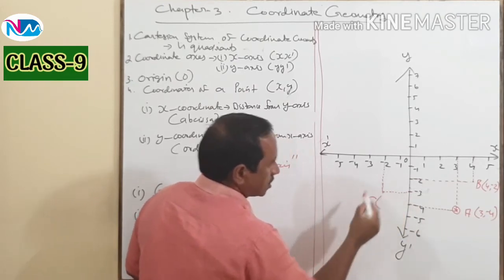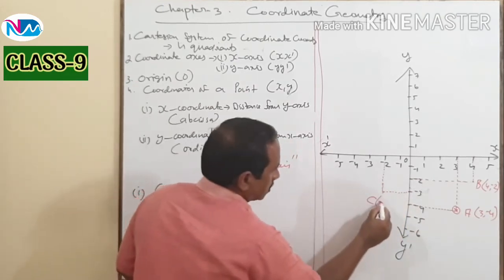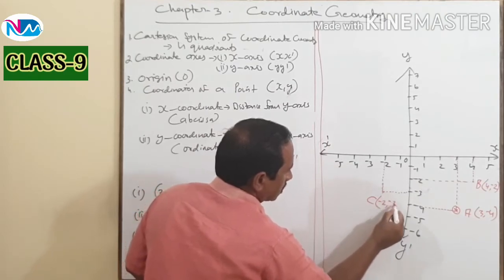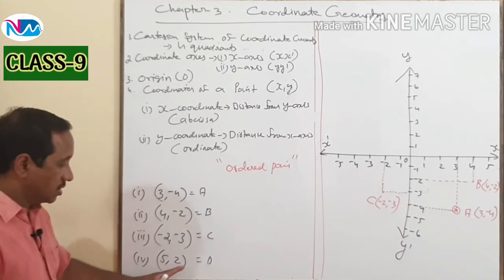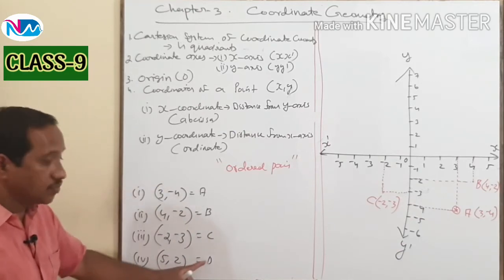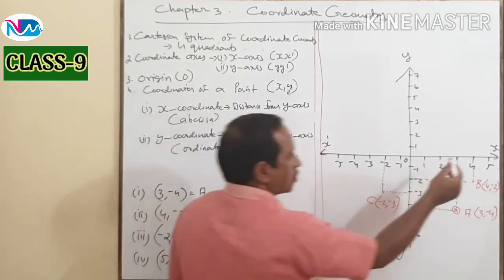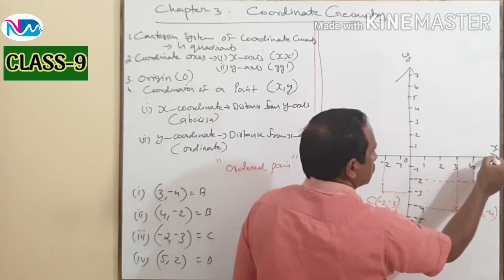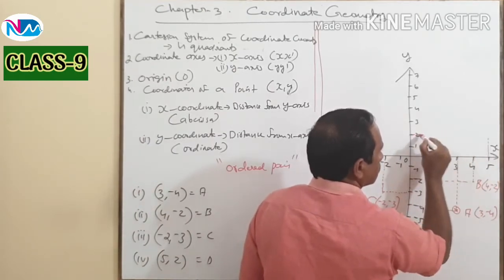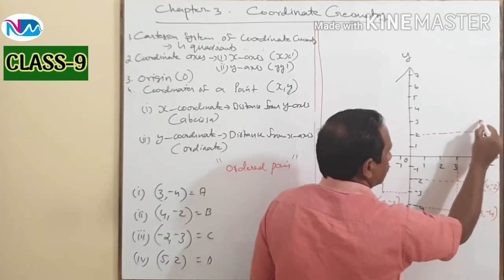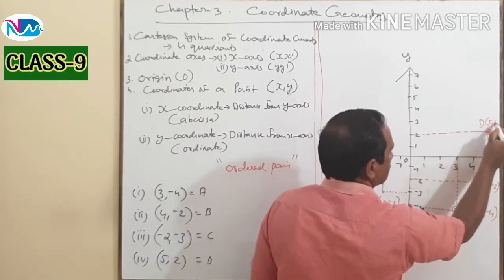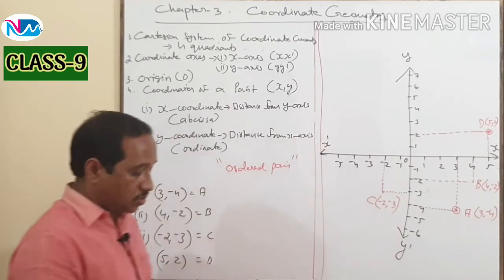This is the point C. And finally we have x-coordinate 5 and y-coordinate 2 for the point D. This is the point D whose x-coordinate is 5, y-coordinate is 2.